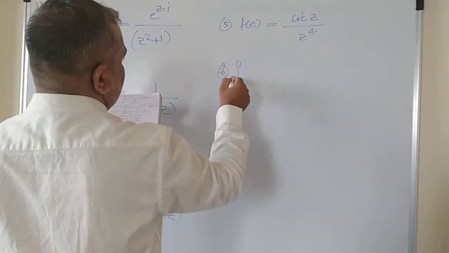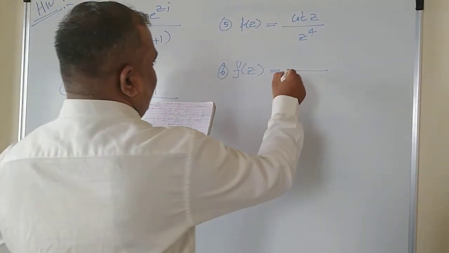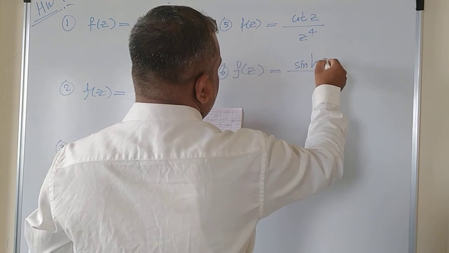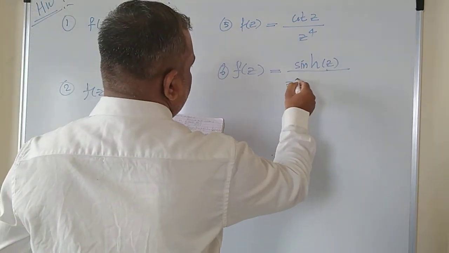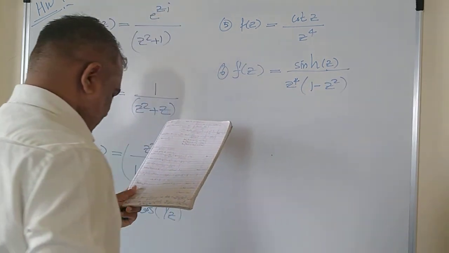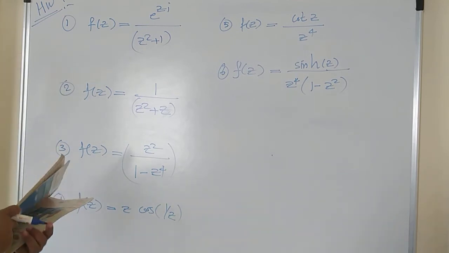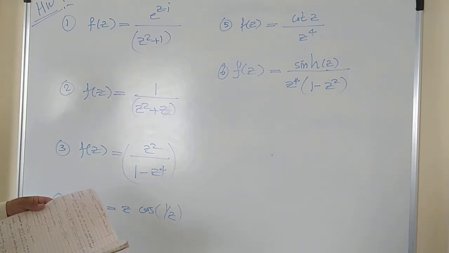Sixth is function f of z equals hyperbolic sin z divided by z raised to power 4 into 1 minus z square. Right? So these are the homework problems for you.